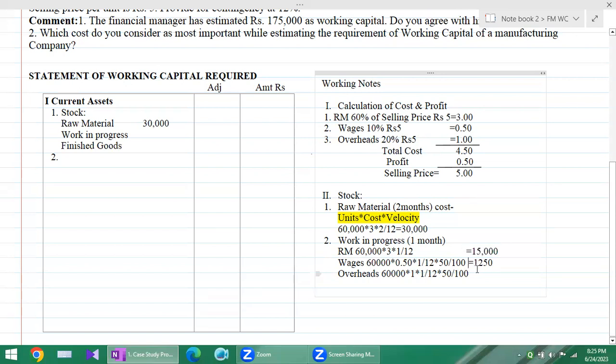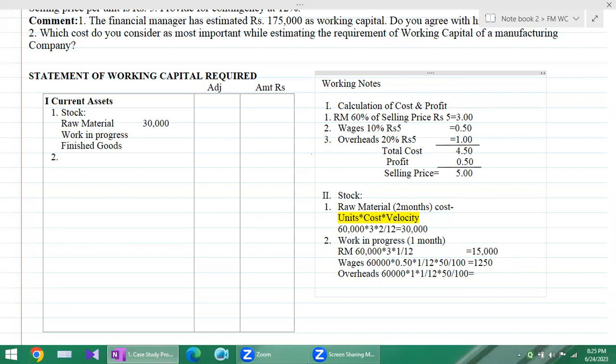Conversion cost. Now calculate, this is equal to how much do you derive?